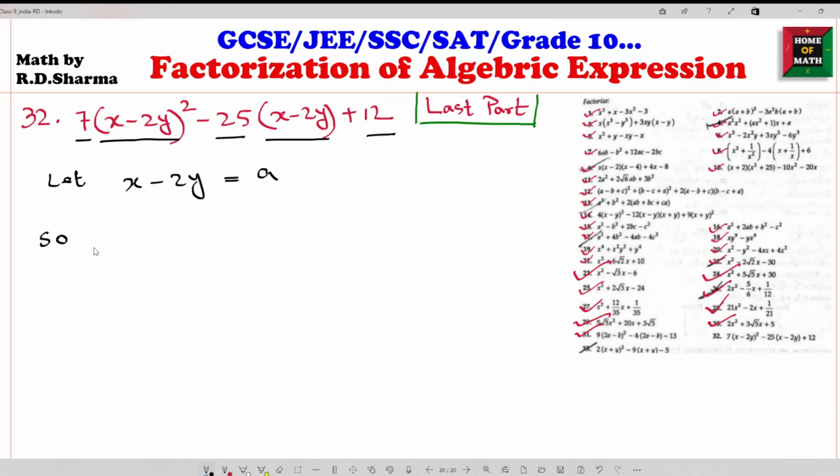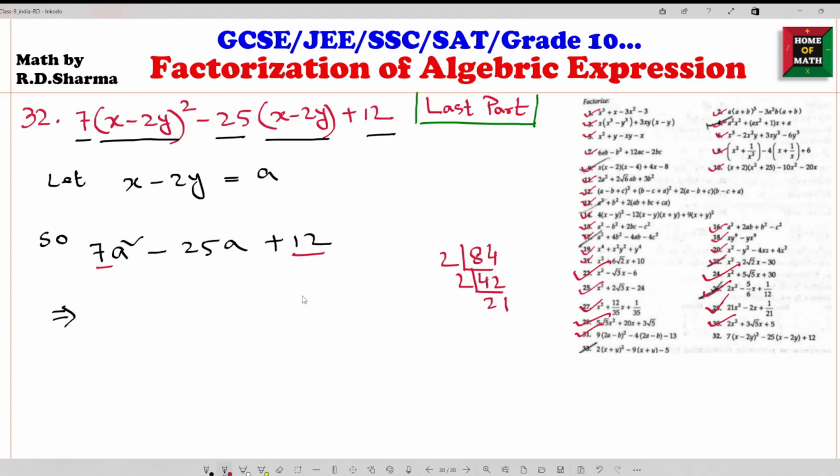So we can write 7a² minus 25a plus 12, right? Now look, this 7 and 12 once we multiply it will become 84. So divide by 2 it will become 42, again divide by 2 it will become 21.